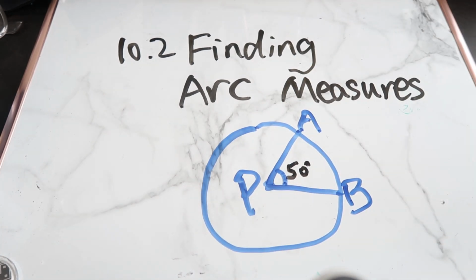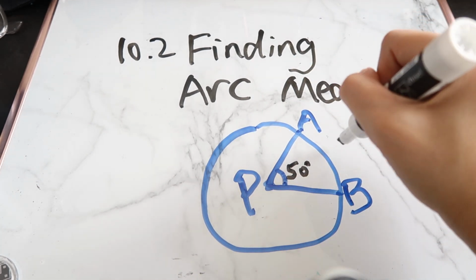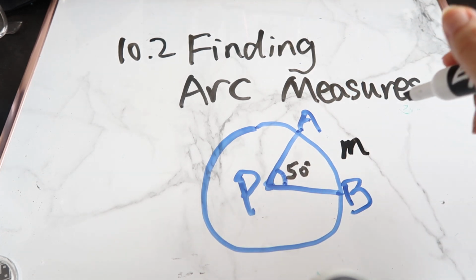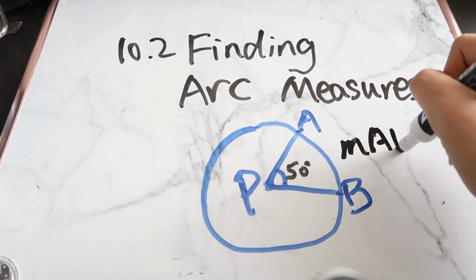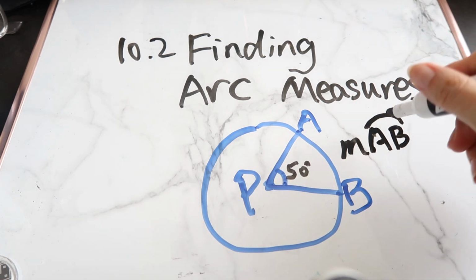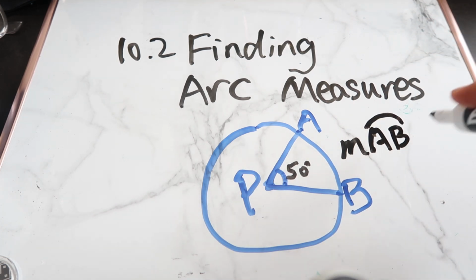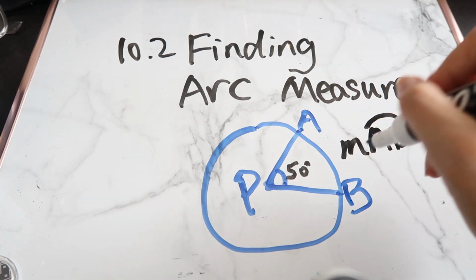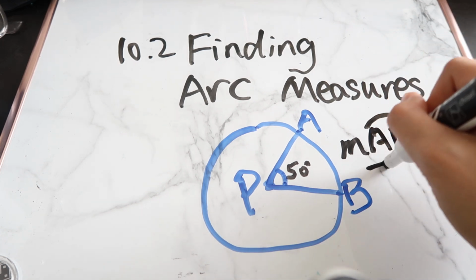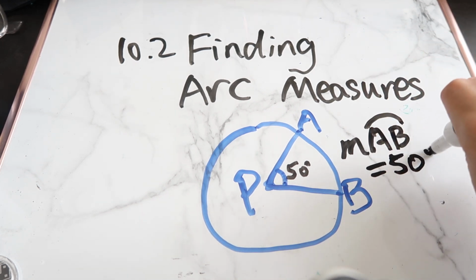The way we'll write it is M, standing for measure, of AB, with a curved line on top to indicate it's an arc instead of a segment. And you just say the measure of arc AB equals 50 degrees.